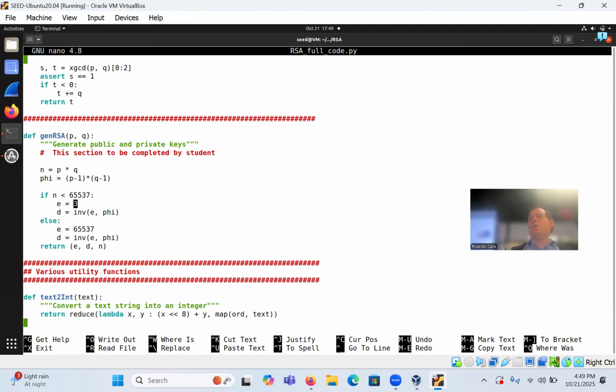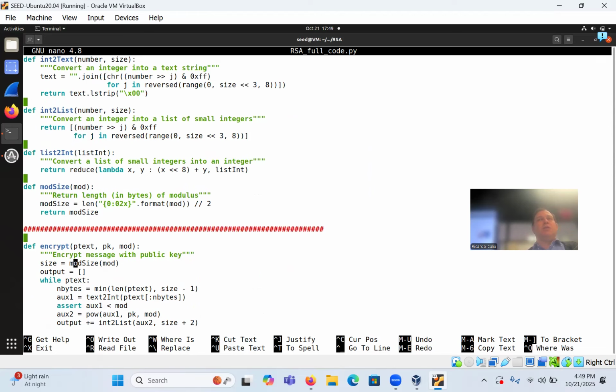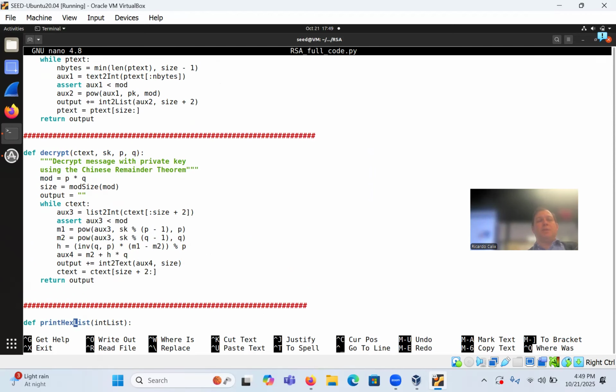So you don't need to recalculate N. Okay? You don't need to do that. So you may not need to use gen RSA, is what I'm saying. And then you have all these functions, which are utility functions for converting from text to lists, list to text, and so on. And then you have these functions for encrypting and decrypting.